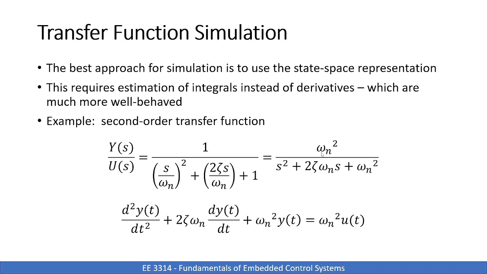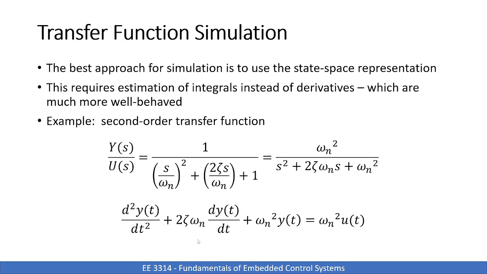Depending on these values, the roots could be complex conjugate roots, or a dual root, or real roots. In this case, we'll pick some example values that'll give us some sort of response when we actually code this up. But if we look at the inverse Laplace transform of this transfer function, we get this actual differential equation.